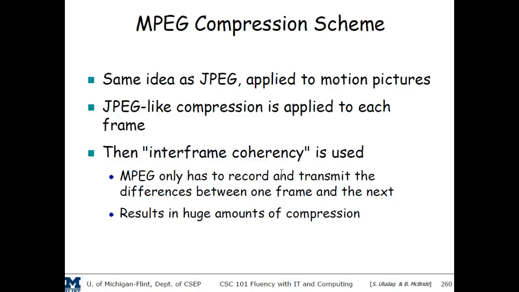This means that only differences between frames are encoded, and with this, it results in a huge compression ratio. Again, without this, we wouldn't have streaming services like Netflix and Hulu and other on-demand downloads where we can watch movies and television shows.